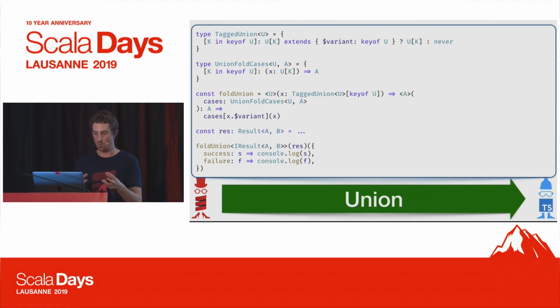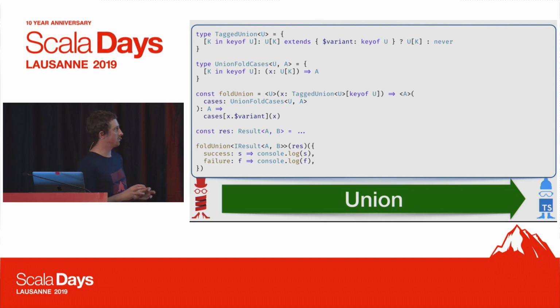And then what we end up passing into the fold method is this object union fold cases, which is a map type that says for every case in the union, we need a function from that case to whatever the result of the fold is.